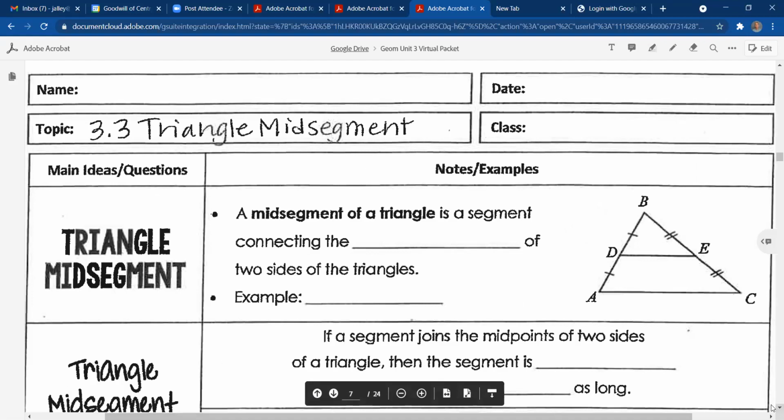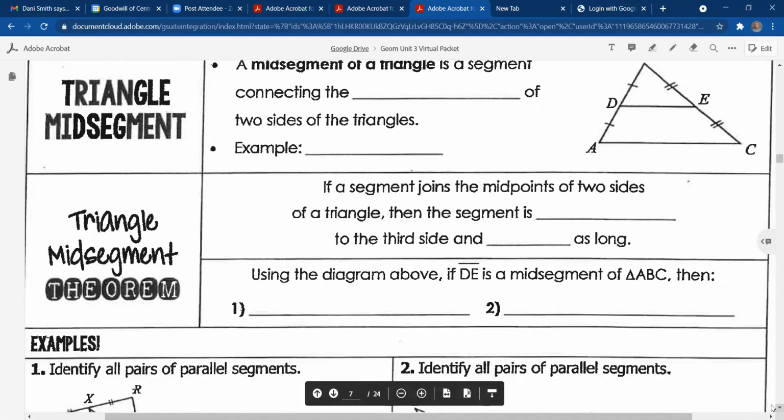Now the next part of this right below that says if a segment joins the midpoints of two sides of a triangle, then the segment is something in relation to the third side and some amount as long.